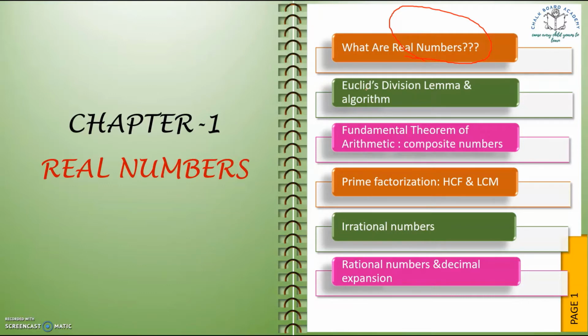Then we discussed Euclid's division lemma, the way in which a number can be written, like a is equal to bq plus r, where r is the remainder, q is the quotient, a is the dividend and b is the divisor. Then using Euclid's division lemma to solve questions and to find the HCF thereafter.